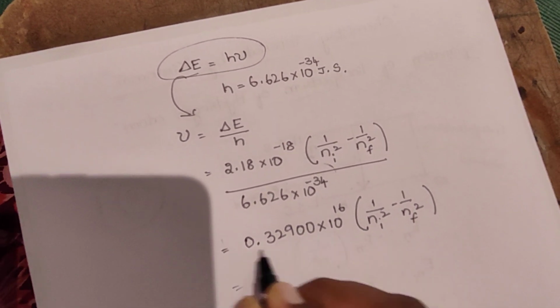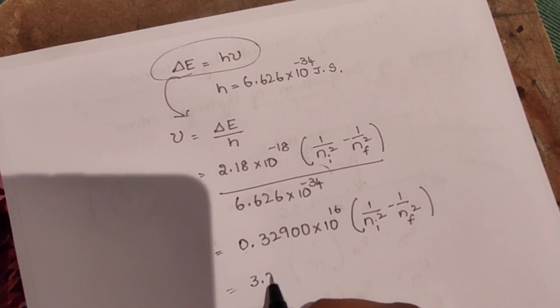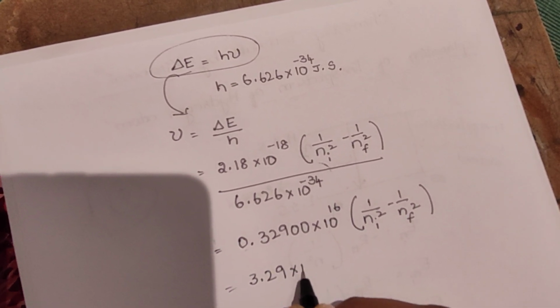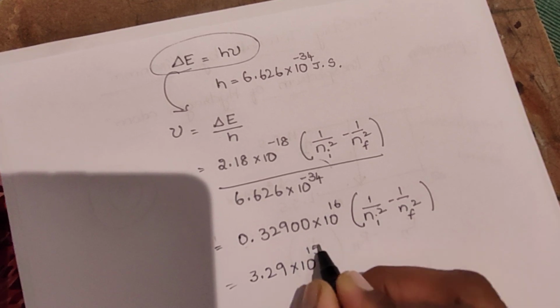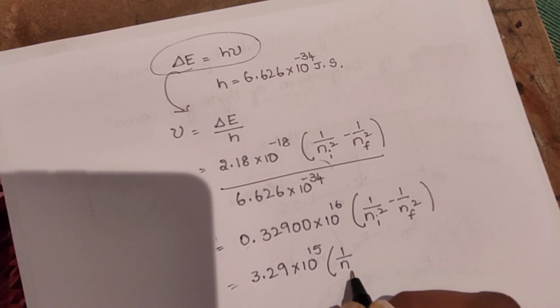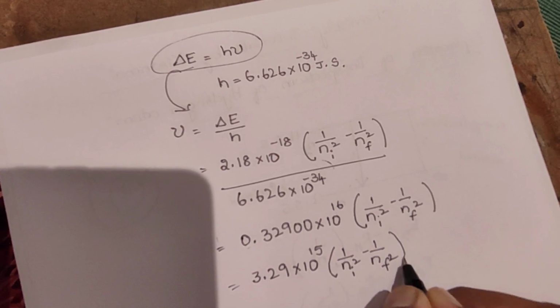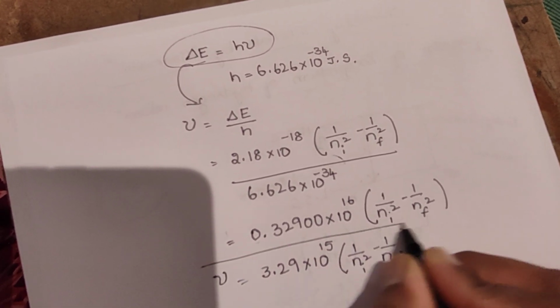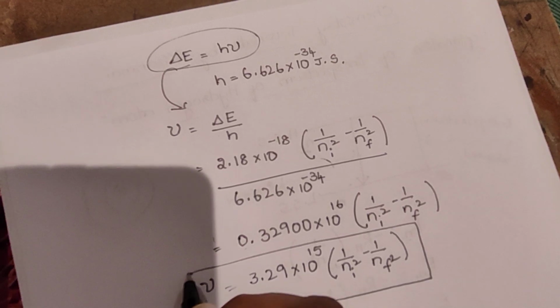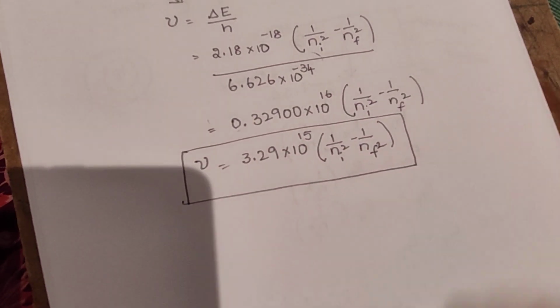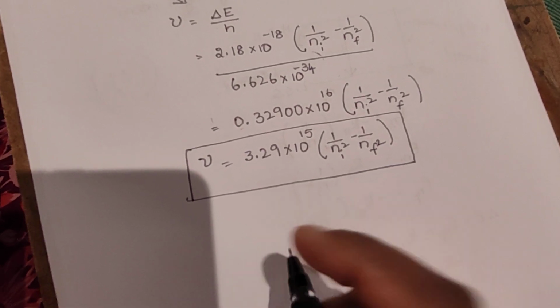We can also write this one as 3.29 into 10 power 15 into 1 by ni square minus 1 by nf square. This is the formula for calculating the frequency of radiation which is absorbed or emitted by the electron.